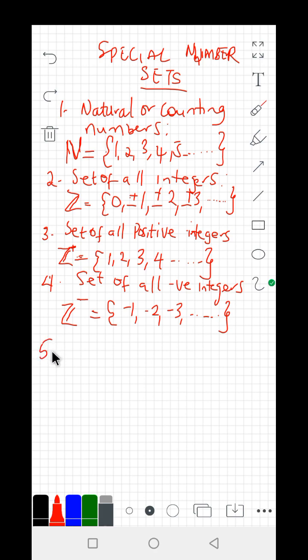The next set you should take note of is the set of all rational numbers.